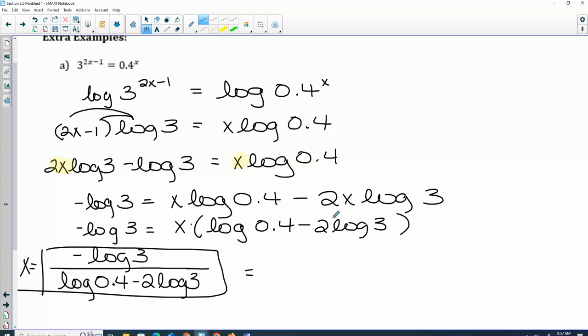Try putting it in your calculator to get the decimal approximation. You get 0.3529.